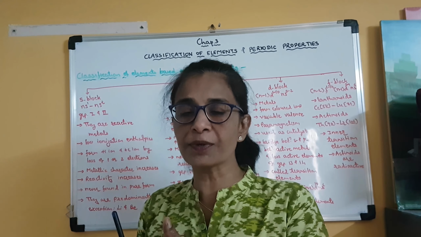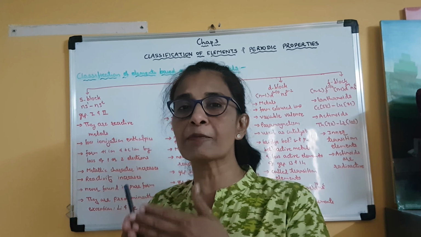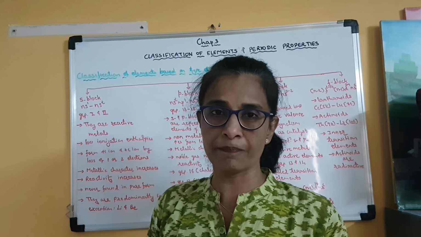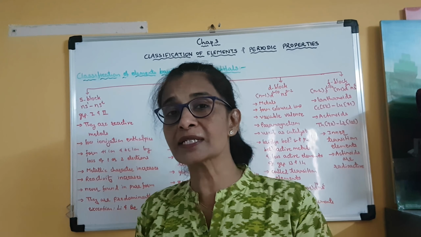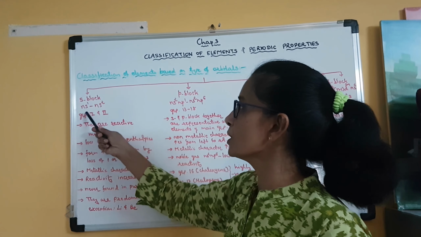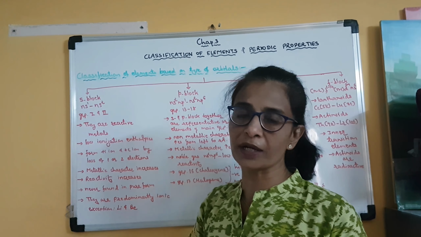Elements of the first period have principal quantum number 1, meaning their valence electron is present in the first orbit. Elements of the second period have their valence electrons in the second orbit. So second period, third period, like that. So here n stands for principal quantum number.